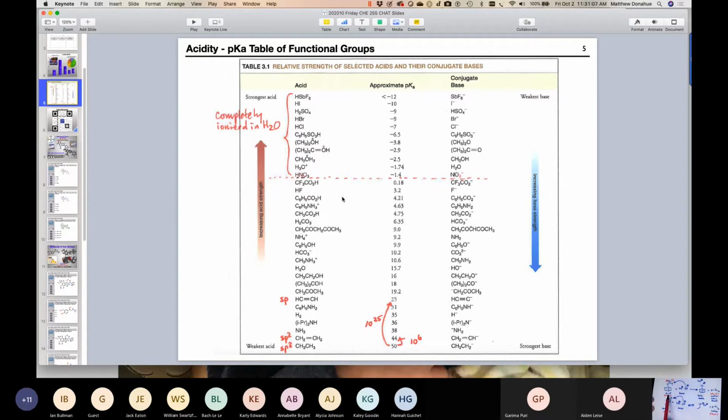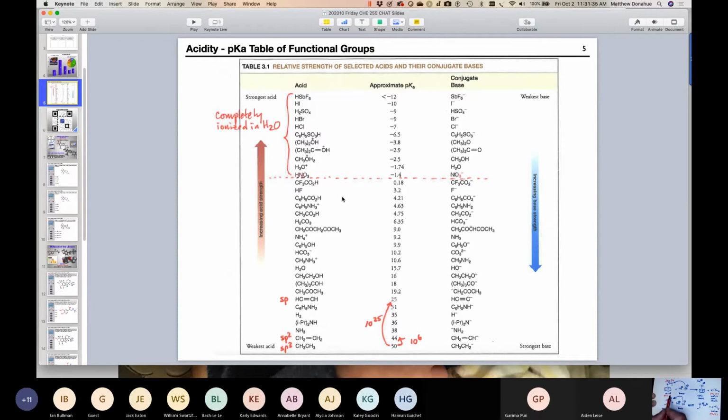The reason that this is a stronger acid than this is due to, as we said in the chat, this negative charge can be delocalized into this ring through resonance, whereas this negative charge is solely located on that oxygen.